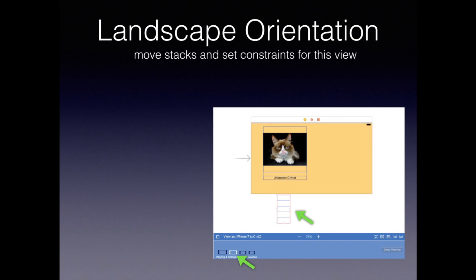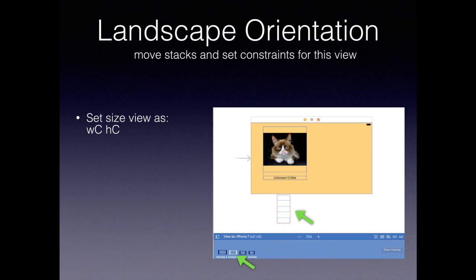What you'll find is that the image on the UI view goes into landscape display, but the location of the 2 stacks remains where they were. Namely, it just sits there. And what you will need to do before you apply constraints on this is move them around on this new display to the approximate positions. And by doing that, you can then apply the constraints in a logical way. And we'll go through that when we actually do this.